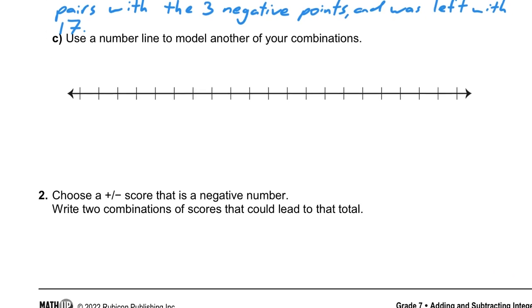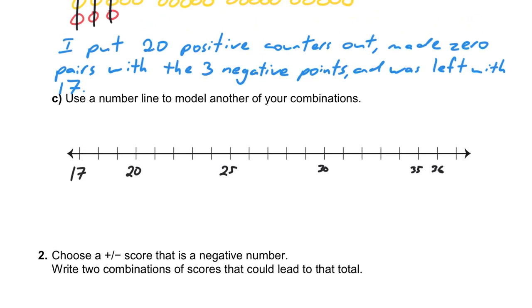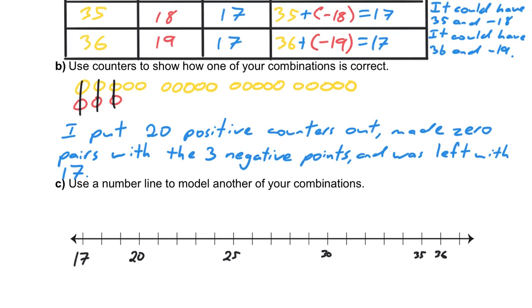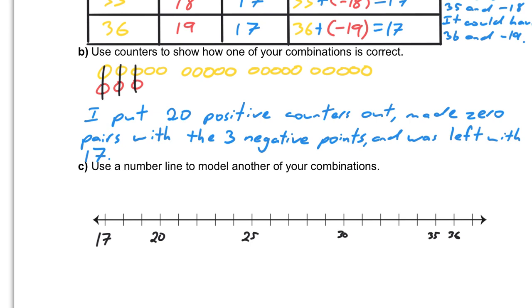Next it says, use a number line to model another of your combinations. I've chosen to represent this one right here, where we start with 36 points, and then we have to subtract 19, or have to add 19 negative points. So let's go ahead and do that. We start with 36, adding 19 negative points.